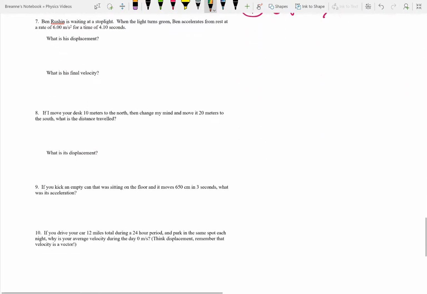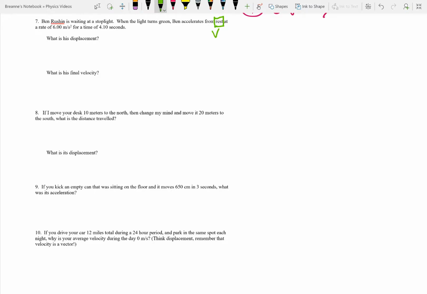So 7. Ben Russian. Get it? Been rushing? Okay, it's fine. Ben is waiting at a stoplight. When the stoplight turns green, Ben accelerates from rest. That rest is a key word.